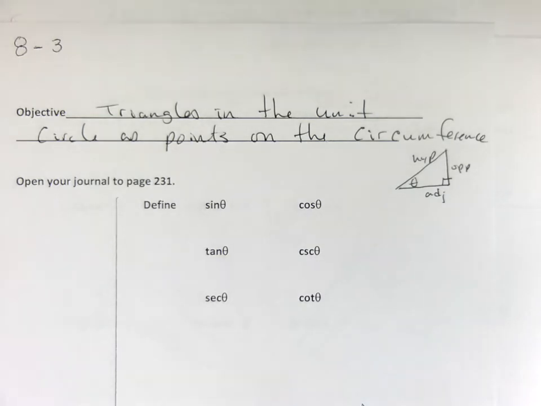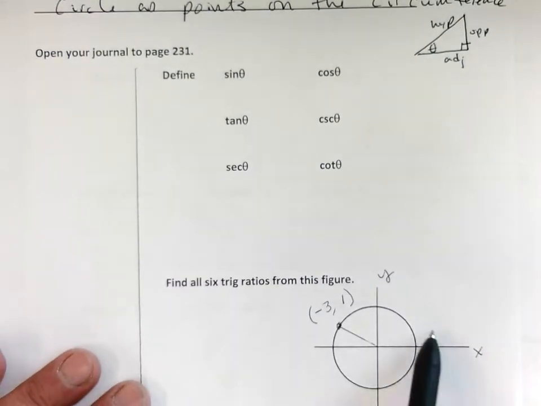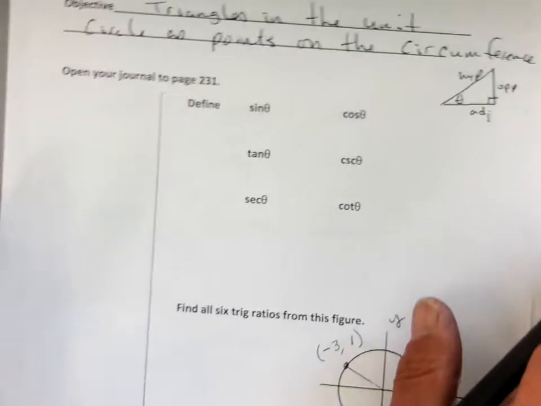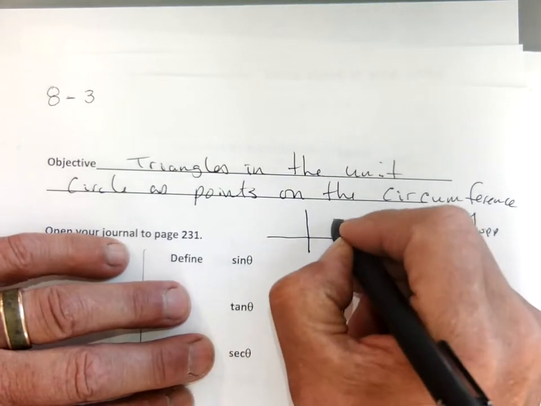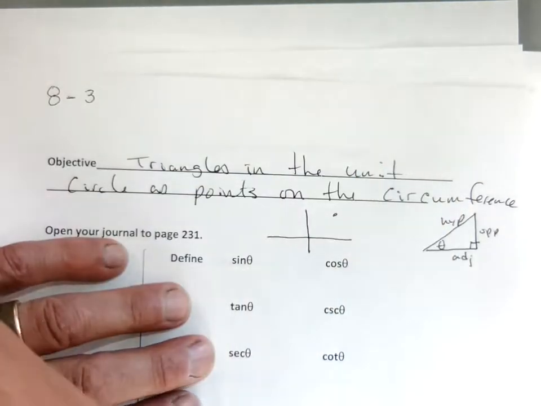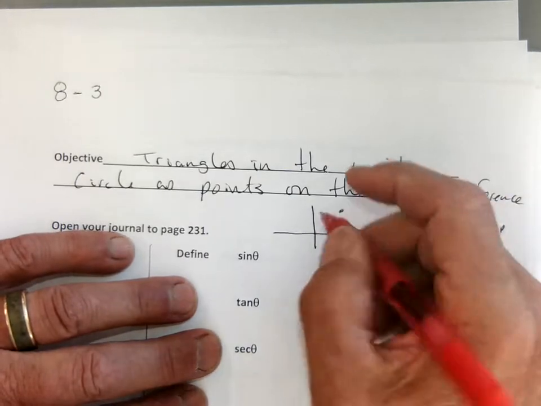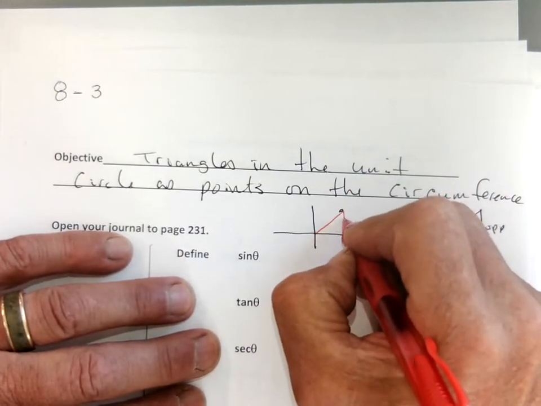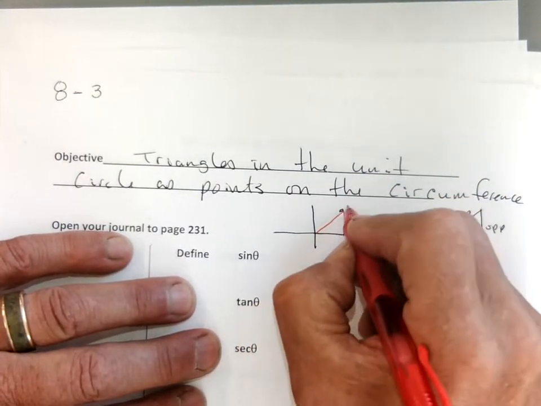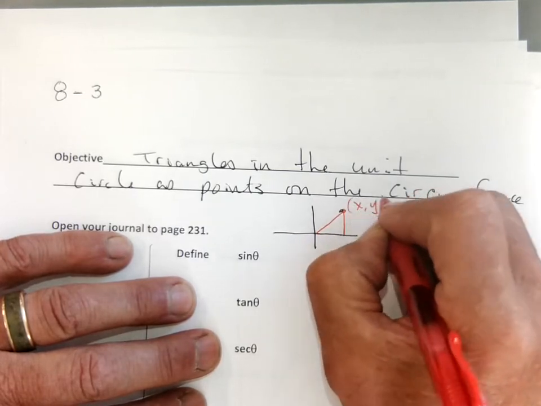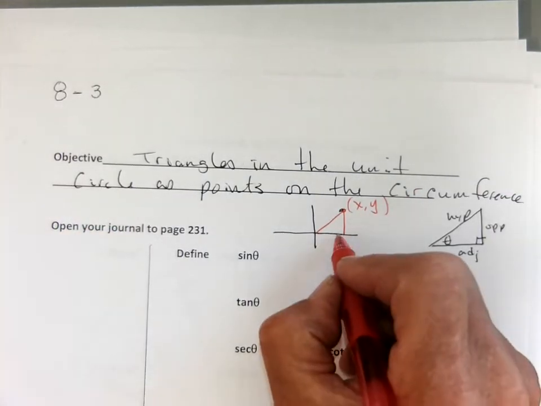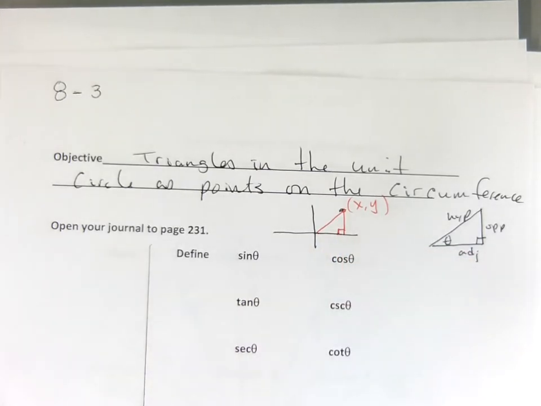But if we were looking at it as a point, then on the graph, if you make a point out here, and I'm going to draw my circle in, this should make a lot of sense. And this is a point, and every point has some x and y value, right? Okay, how am I doing? I want this to make sense.